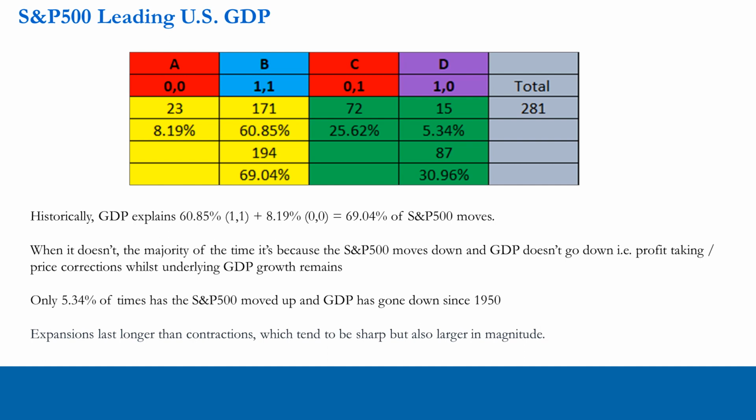69.04%. If we look at the 0-1 situation, this is by far the biggest outcome when they move in the opposite direction. When the S&P 500 goes down and GDP growth remains up. So the 69.04 plus the 25.62, that's a pretty significant number.